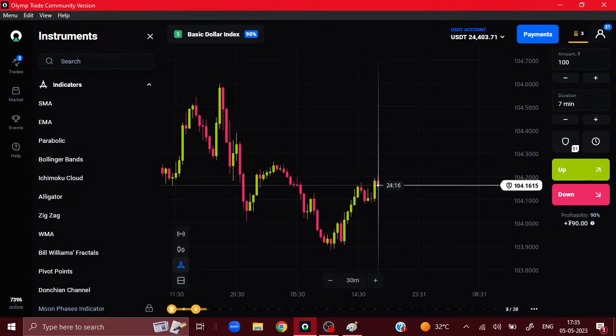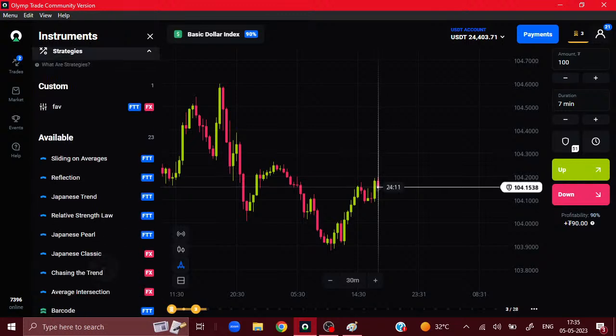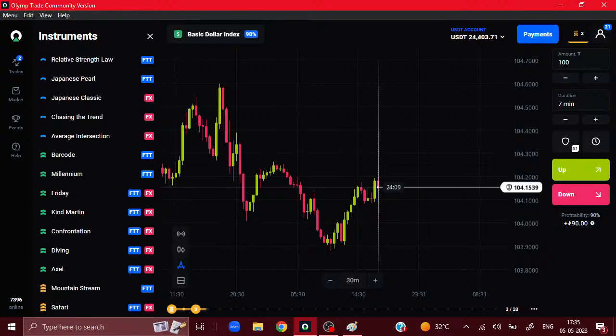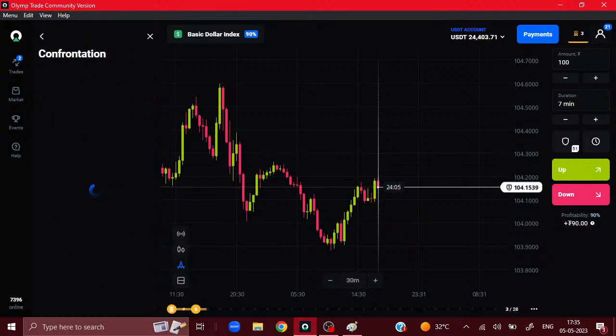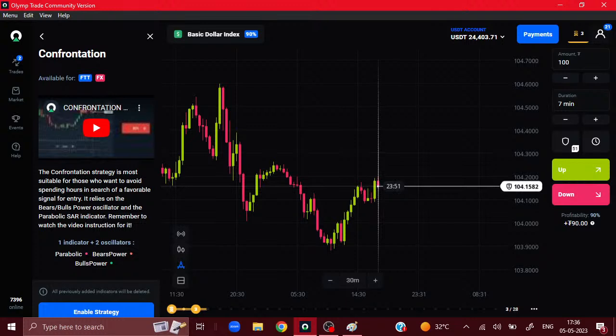In the trading strategies section, under the advanced strategies, you will find confrontation. The confrontation strategy is most suitable for those who want to avoid spending hours in search of a favorable signal for an entry. So one thing is clear: if you use the confrontation strategy, you will get a lot of trade entries.